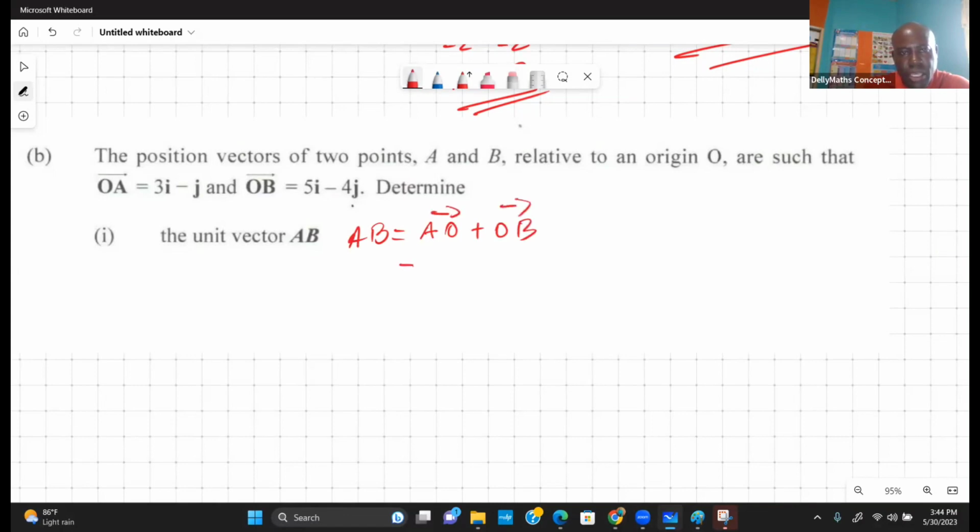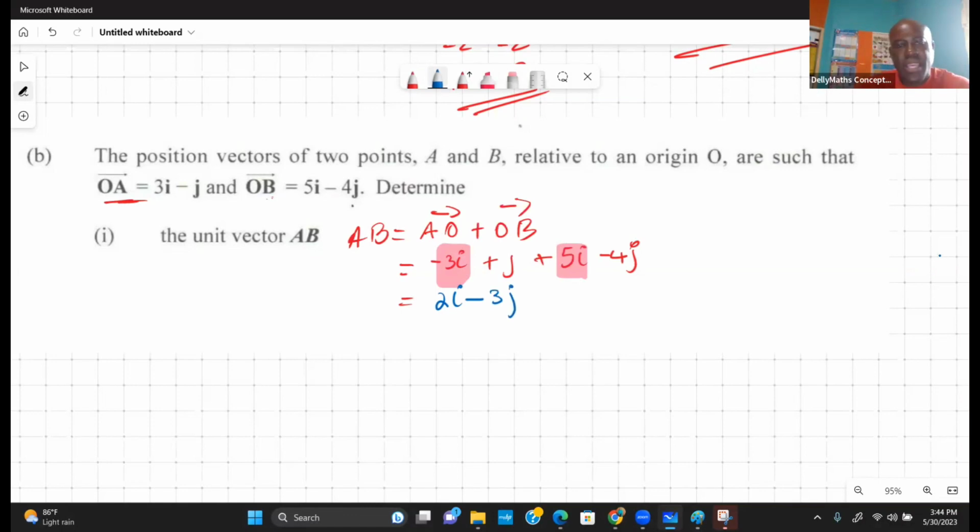So A to O is going contrary to this, so it's going to be negative 3i with a positive j. And we want to add that to OB as is, which is 5i minus 4j. So we're putting together the i's, so we're getting a positive 2i, and putting together the j's, we're going to get a negative 3j.